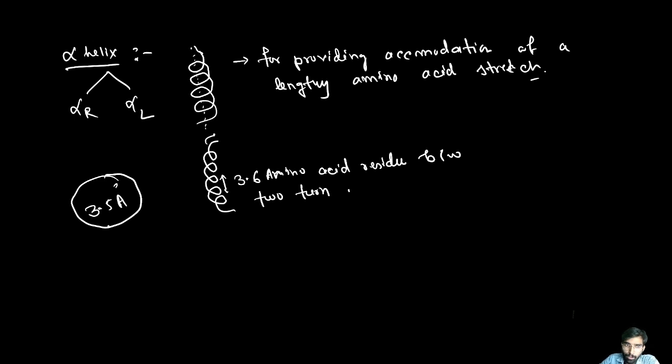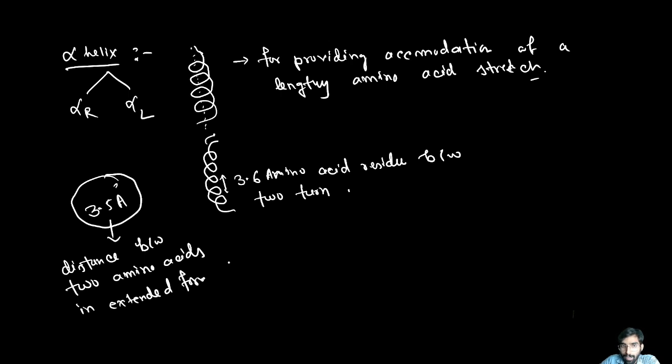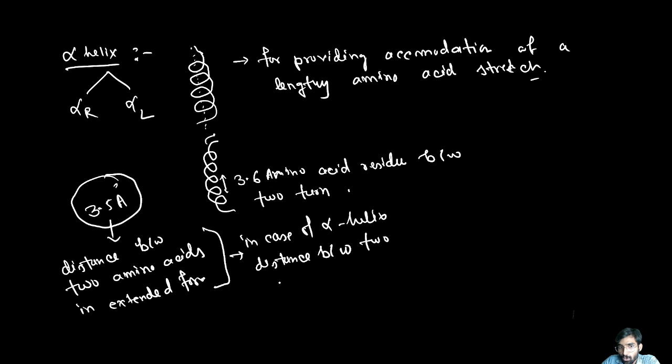So 3.5 angstrom is the distance between two amino acids in extended form. But in case of alpha helix, the distance between two amino acids is 1.5 angstrom.